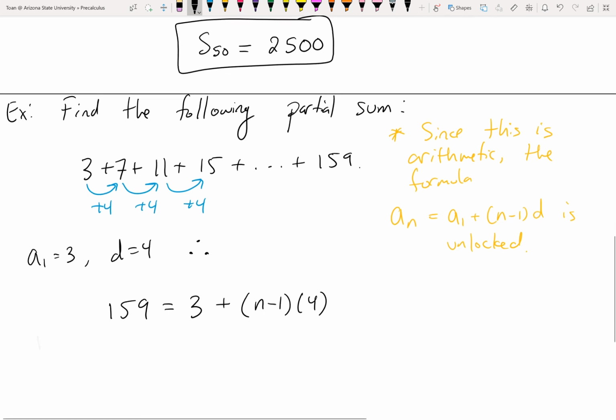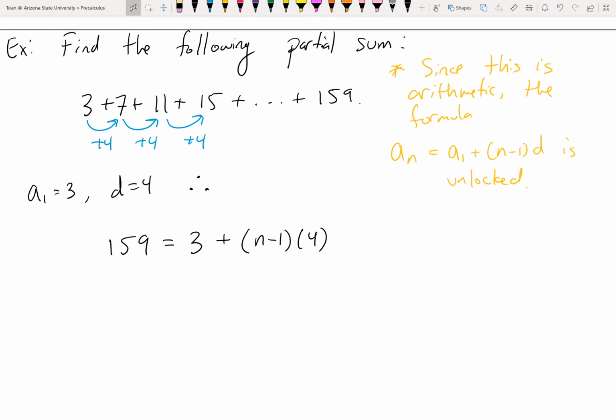That gives us an equation to solve for the number of terms. So 159 equals 3 plus 4n minus 4. Bring everything over, so that's 160 equals 4n. So n equals 40. All that math tells us that we have 40 terms.